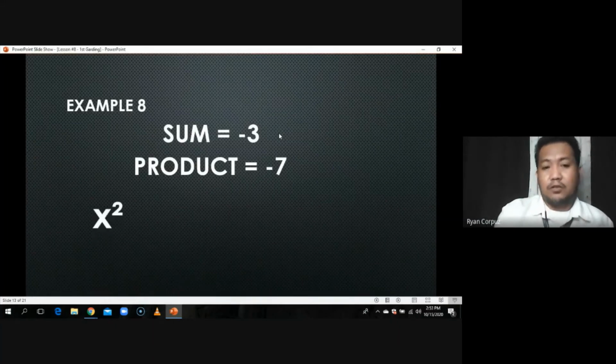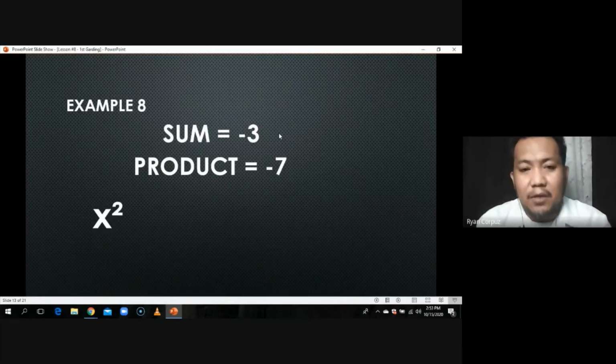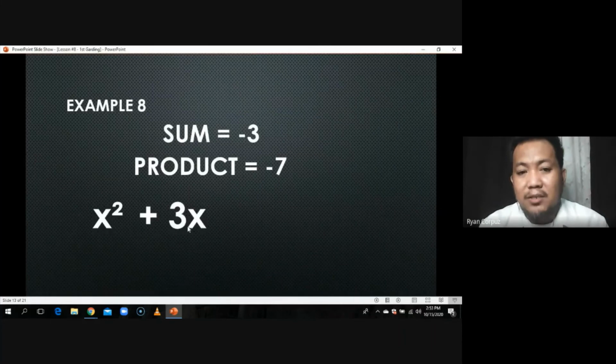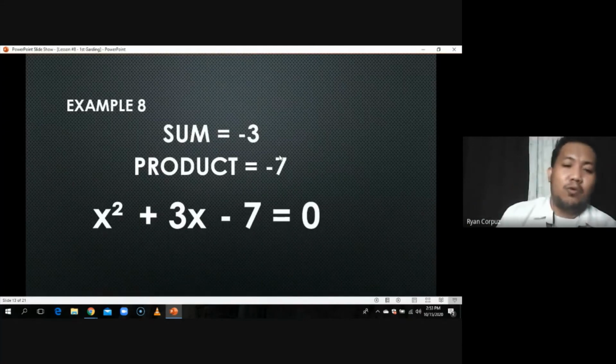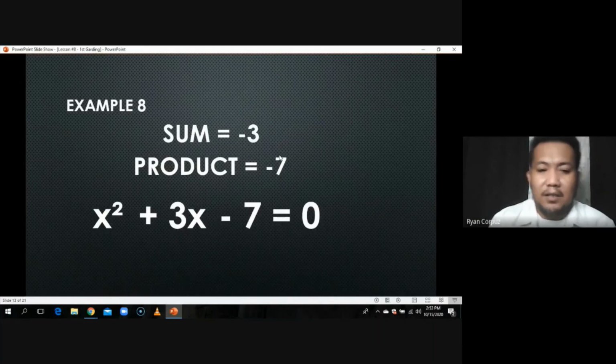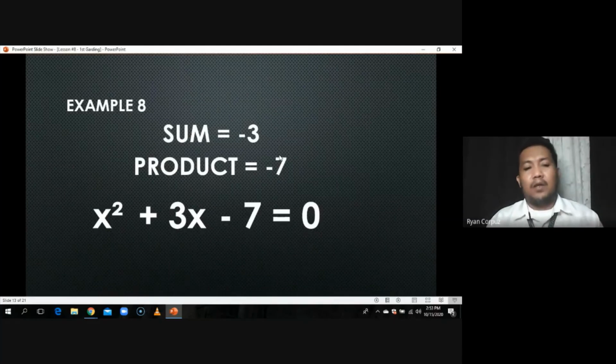So we know that the first term is x squared. Then the opposite sign of the sum negative 3 would be positive 3x or plus 3x. Then the product with the same sign will be the constant term. So minus 7, then equate it to 0. So with a given sum of negative 3 and the product which is negative 7, we can come up with the quadratic equation as x squared plus 3x minus 7 is equal to 0.